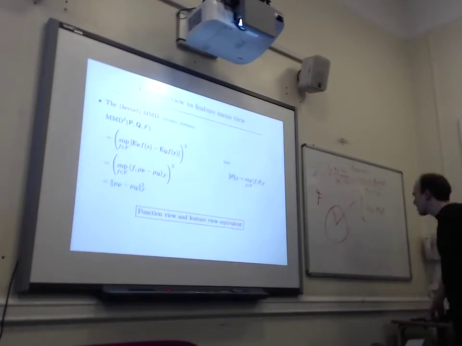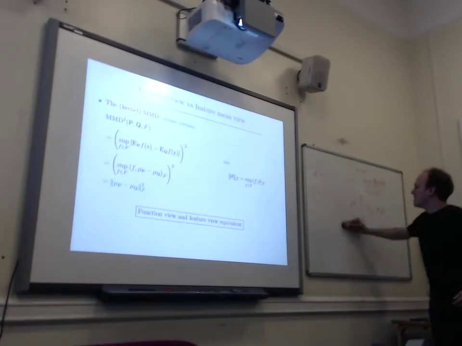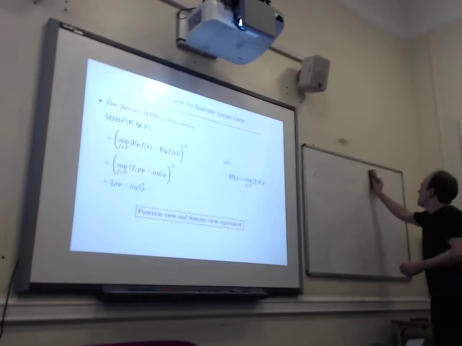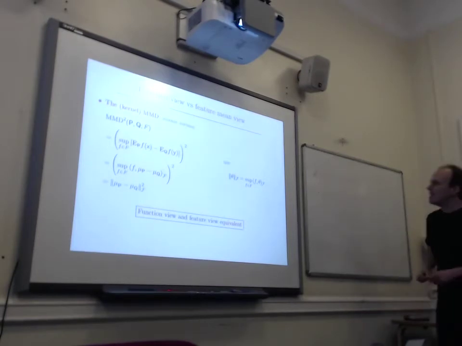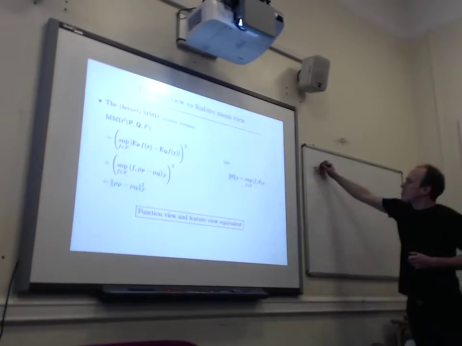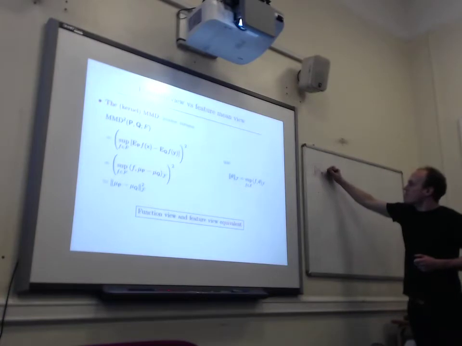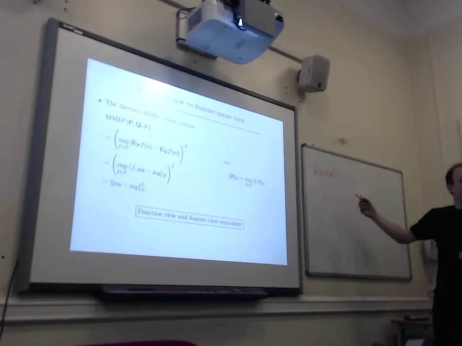Hopefully I've already hinted at this in the first lecture, but I'll remind everyone. Remember, I'm looking for the norm of mu P minus mu Q squared, okay?